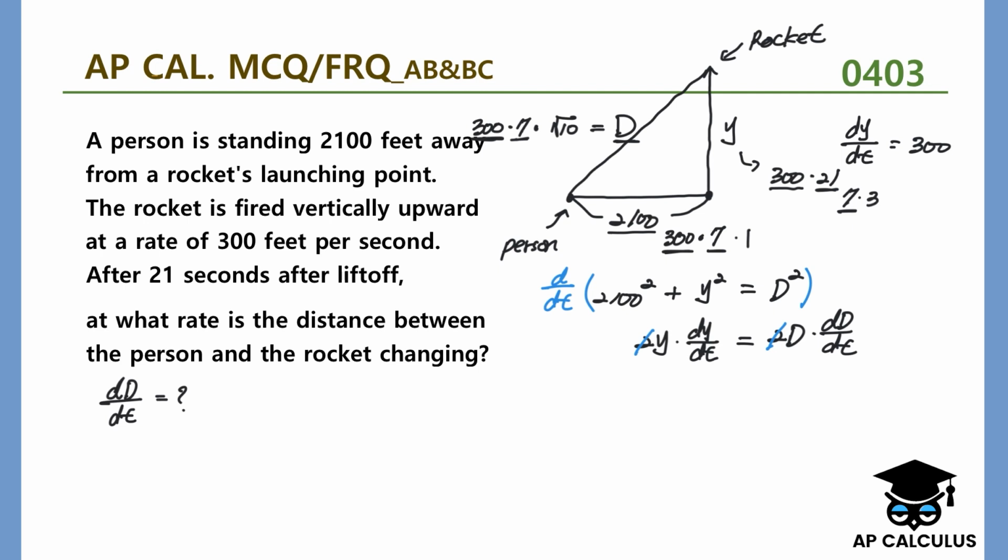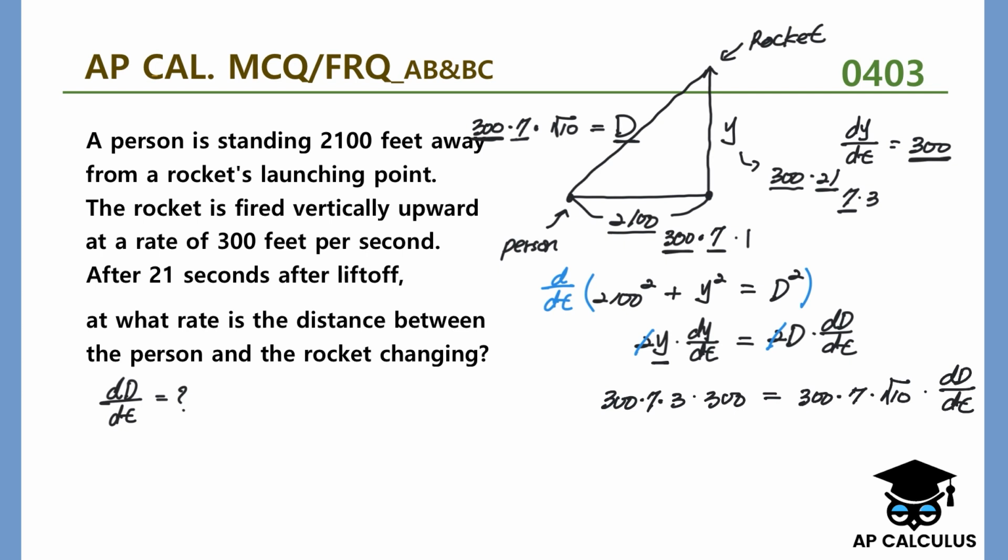Now let's substitute these values in this equation. y is 300 times 7 times 3. dy dt, that's 300. 300 is equal to d, that's 300 times 7 times square root of 10 times dd over dt.